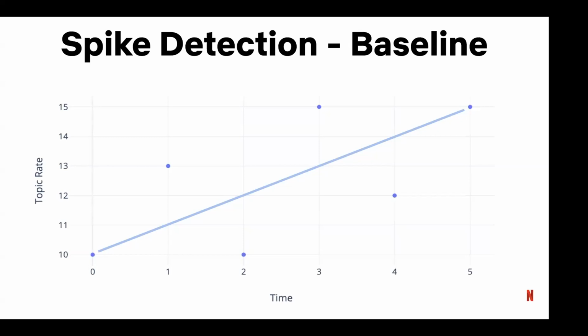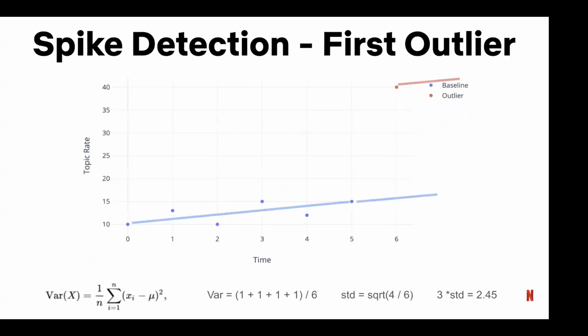So here we have a graph where the y-axis is the event rate for a source topic and the x-axis is time. We have 6 observed data points for the incoming event rate for the topic, and the blue line represents a regression function we fit to those data points. Now, if we observe a new data point at time 6, you can see that the regression function we originally computed is not very accurate. The new data point we observe at time 6 is much larger than what the regression function predicted.